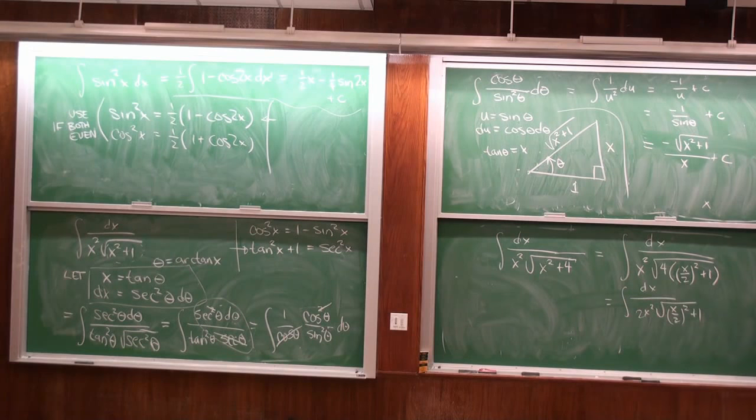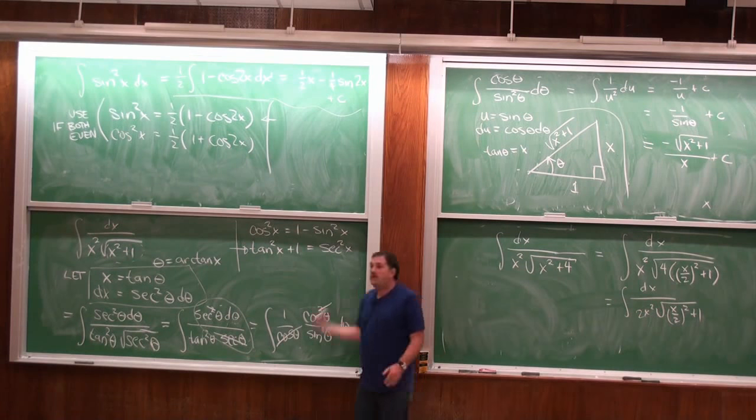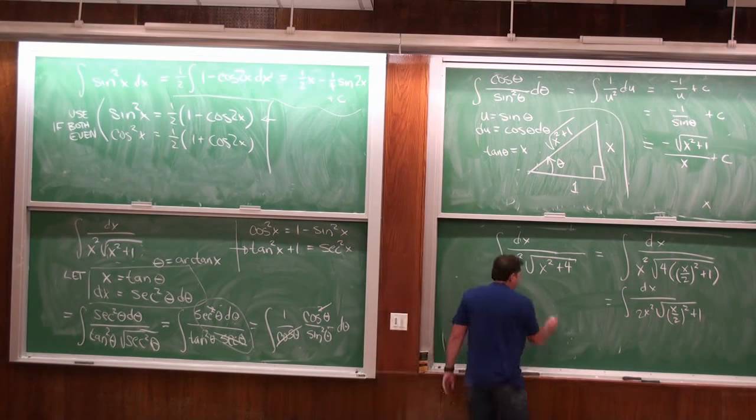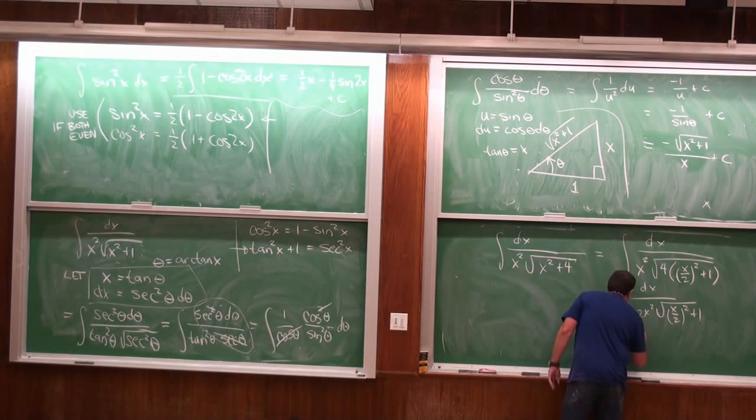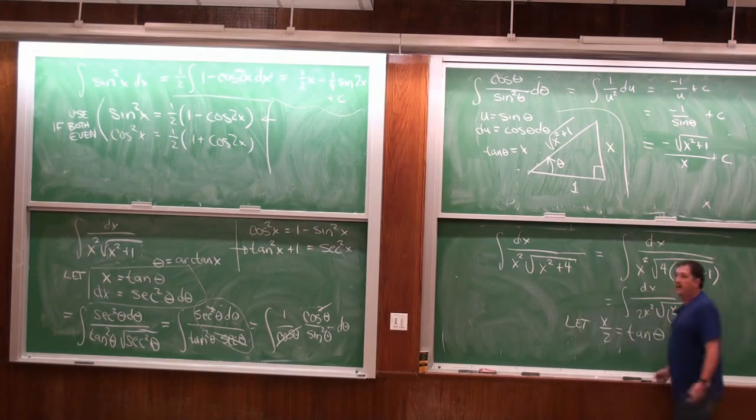And now I have a thing squared plus 1. Now I can use this trig identity. I'm going to let x over 2 be the tangent, and then I just go from there.